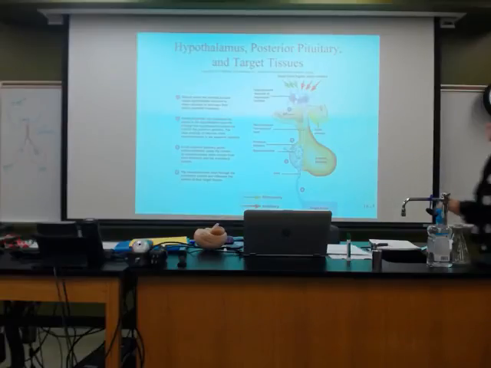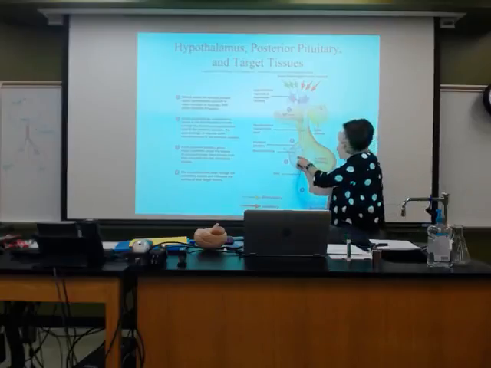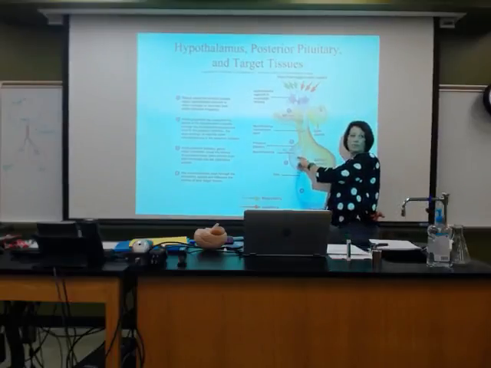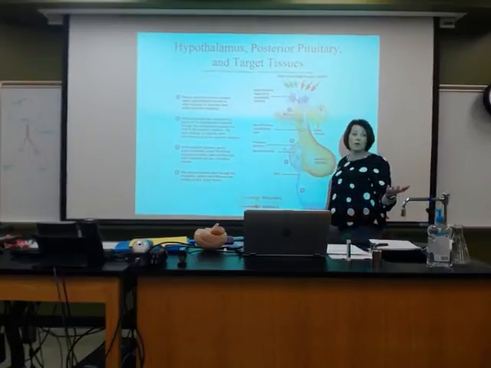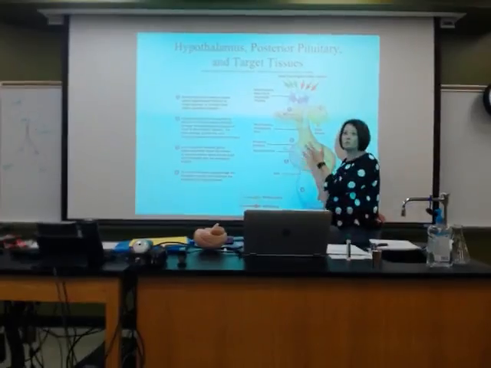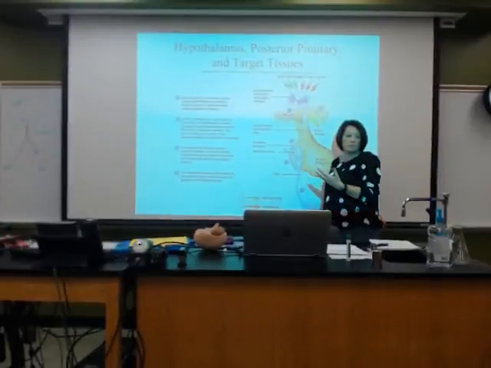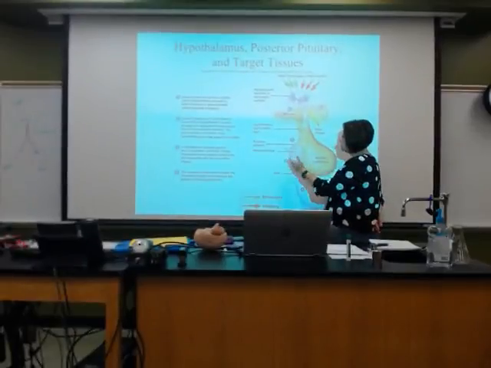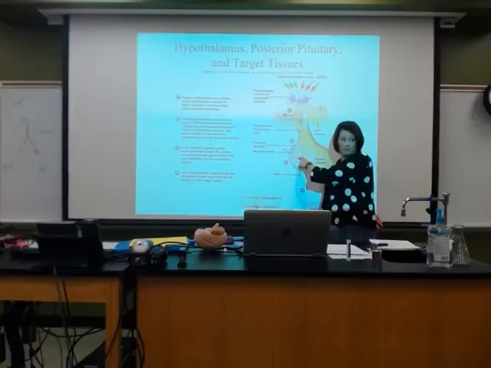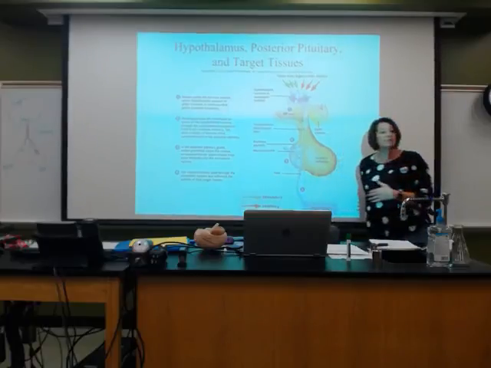Well, it'll still be a product that got produced, but that's once again a neurohormone, and it will be received by the neural tissue over here. So once again we have a control.